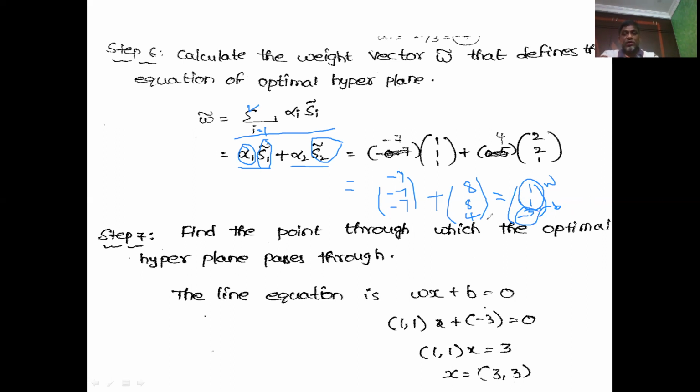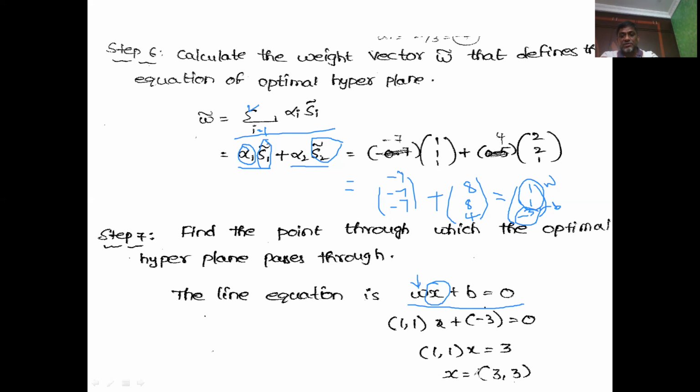Okay, now because we found all the values, W we got, bias we got, and alpha terms we got, we need to identify the equation of this line by identifying the points through which that equation passes. So by substituting W, which we got as (1, 1), into (1, 1) dot x plus bias term -3 is equal to 0, this becomes (1, 1) dot x is equal to 3.